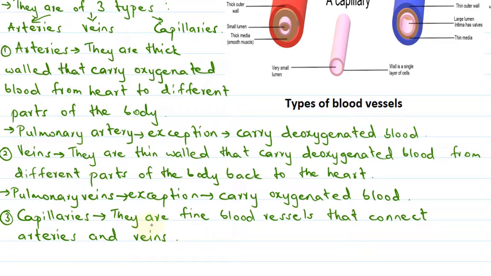Okay, so capillaries help in connecting arteries and veins. So they arise from the arteries and they carry oxygenated blood, food, hormones to different parts of the body like tissues, organs, and different cells. And then from these various parts of the body, they also carry the deoxygenated blood to the veins. So they are connecting the arteries and veins. They are fine blood vessels.